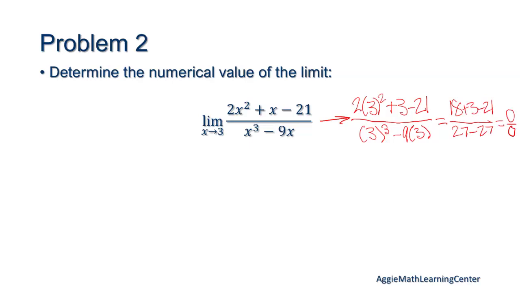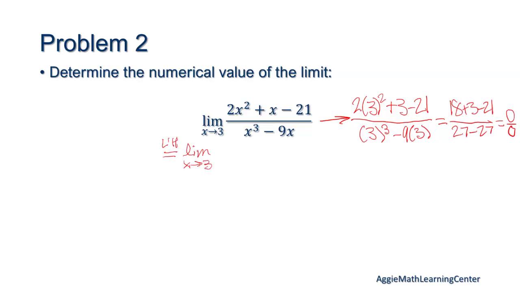So we're going to have to use L'Hopital's rule to find the limit. We'll notate this with a little L over H. We take the derivative of the numerator first. So we have the limit as x approaches 3.